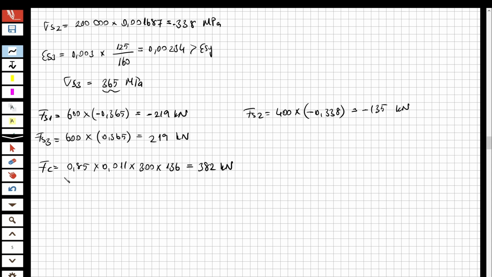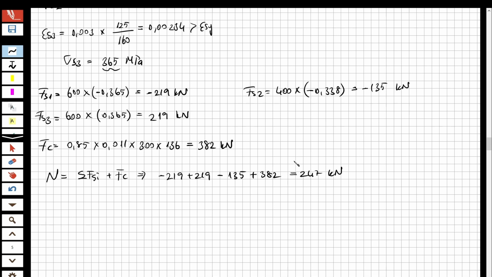So now we got all the forces. Let's calculate the actual force. If you remember the formulation of the actual force, it's going to be plus F concrete, okay? So it's calculated like that: minus 219 plus 219 and minus 135 plus 382, and this is going to be equal to 247 kilonewton. So now we got the actual force.